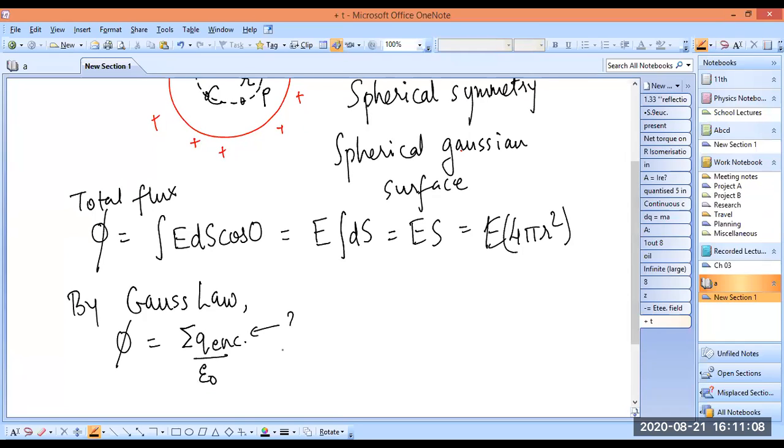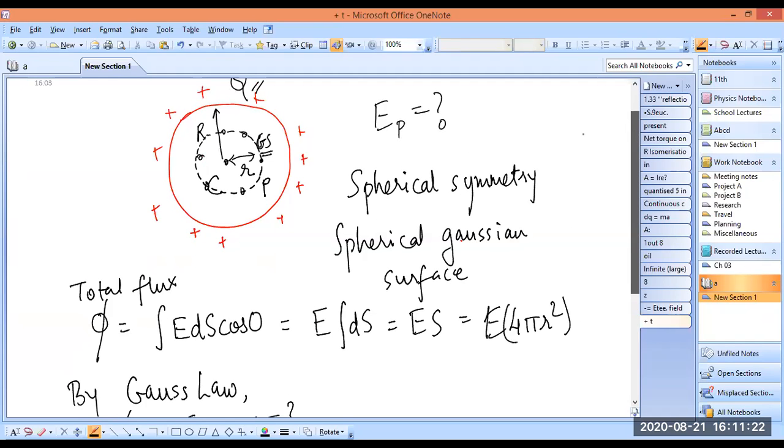That is, I'm asking you, what is sigma q enclosed? See, let's make it a bit interactive. Those who can hear me, right? I'm asking you a question. Look at this diagram. What do you think is sigma q enclosed, right? And type it in the chat box and give an answer, right? Don't worry about others' answers. Start giving your answers. Come on. What do you think is sigma q enclosed? Okay, we are starting to get some answer. Very good.